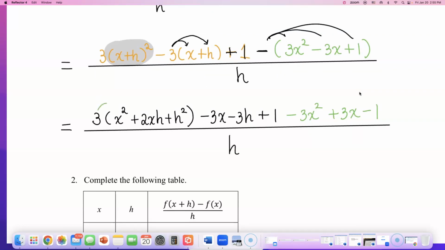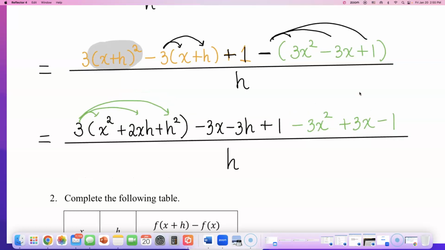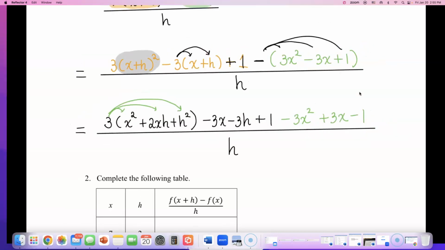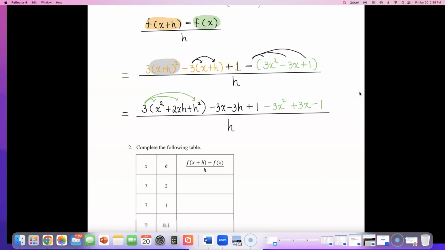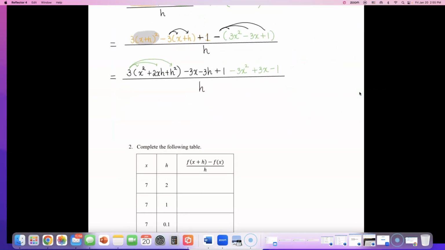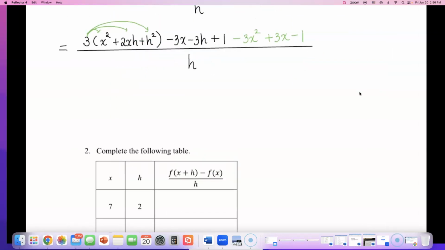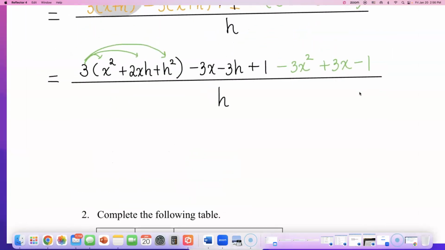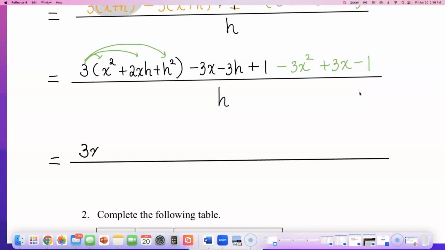Kind of awkward. This still needs to be distributed out here, so I'll do this in the front. Let me make this work a little bit smaller. Long fraction bar. All right, let's distribute. 3 times x squared is 3x squared.